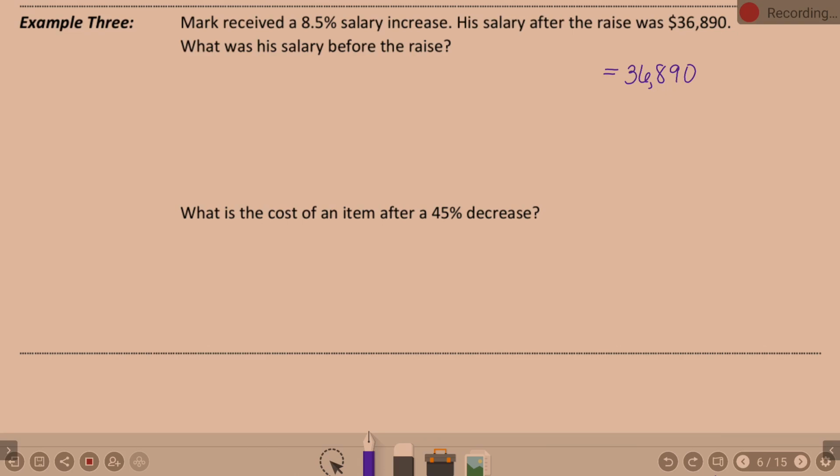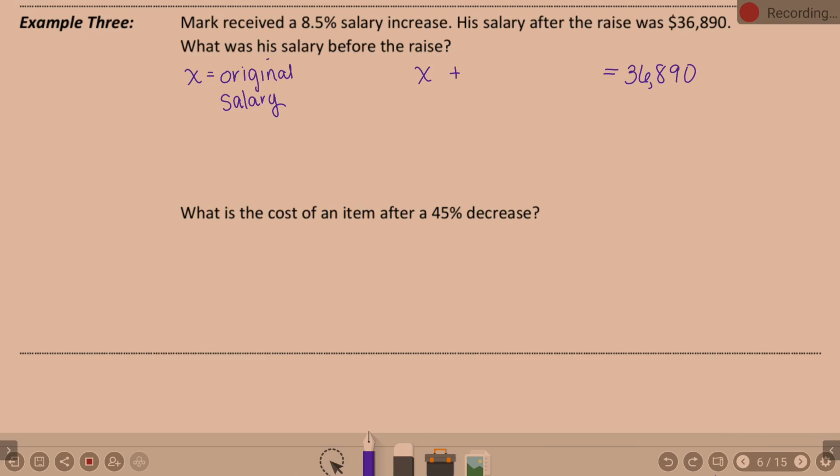Okay, so I'm going to use X as the previous, or original, salary. If X is the original salary, you have X plus some raise. How do you find the raise if you know the original salary?